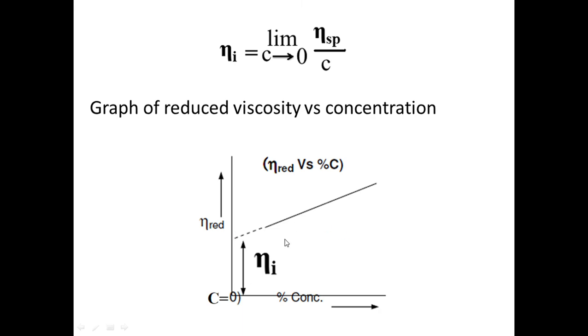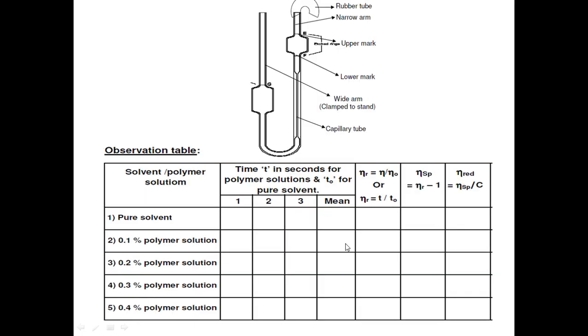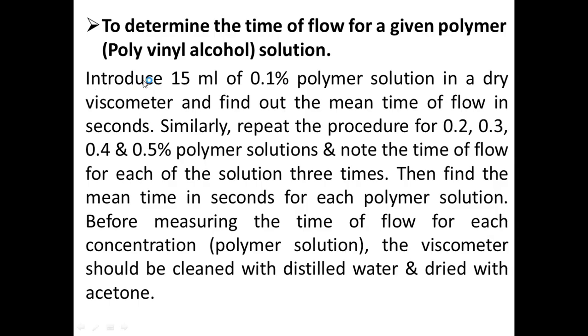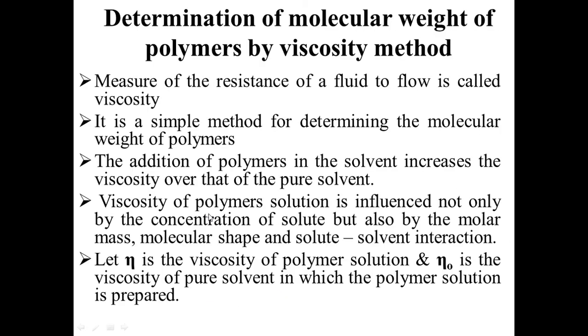By knowing the intrinsic viscosity and K value, A value, we can calculate the molecular weight of the polyvinyl alcohol. This is the determination of molecular weight of polymers by viscosity method. Thank you.